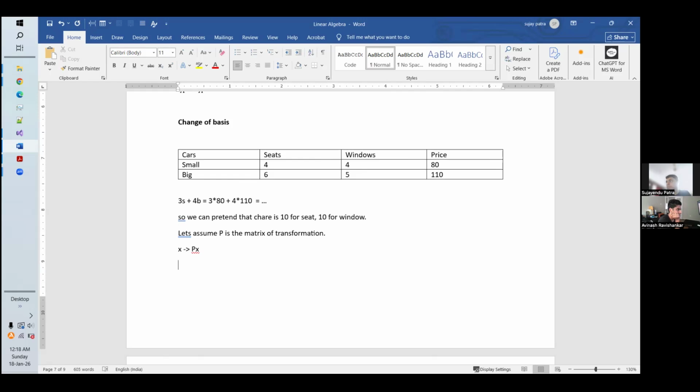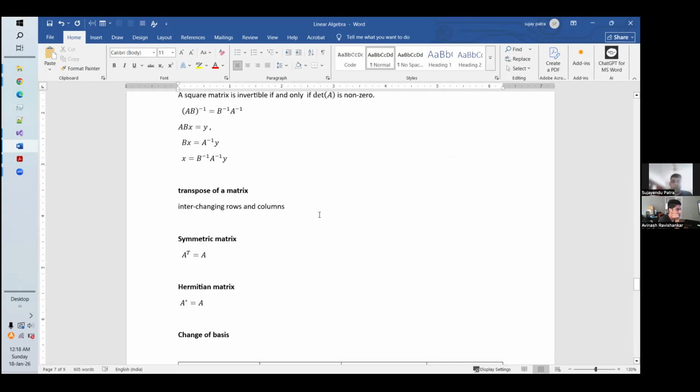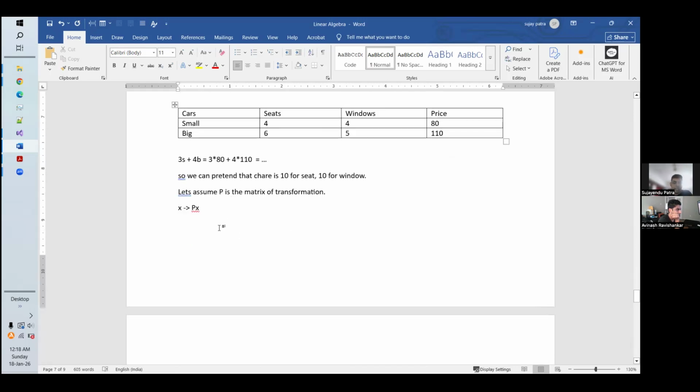Now let's think of what will happen to our matrix A. So let's say A was a matrix such that Ax was y. Now instead of x, I will write Px, and instead of y, I have to write Py.